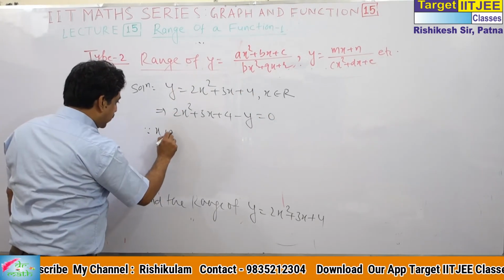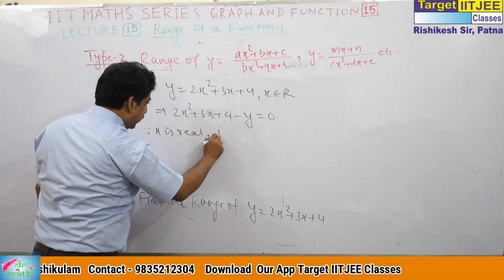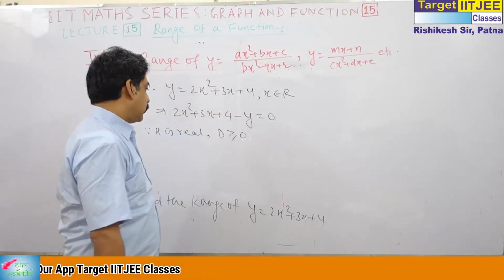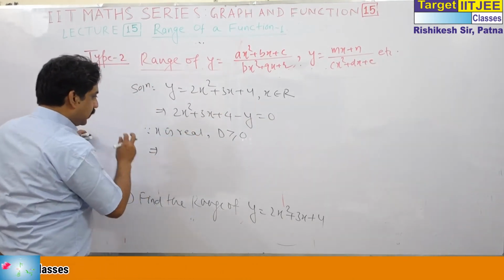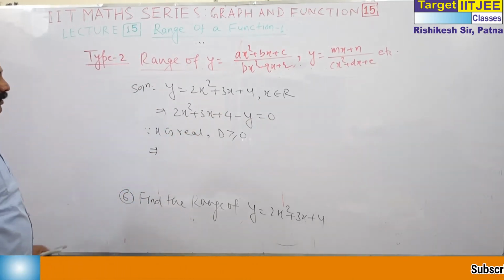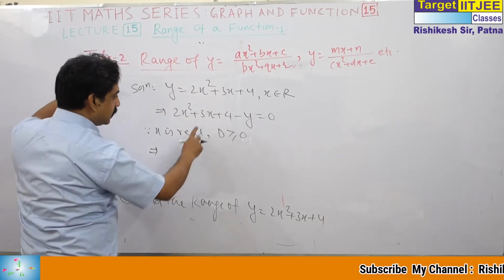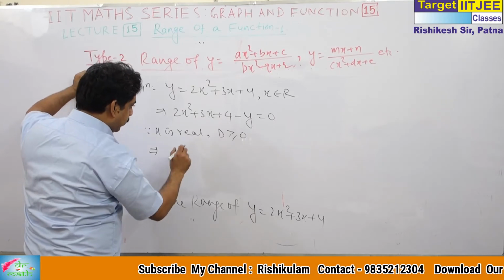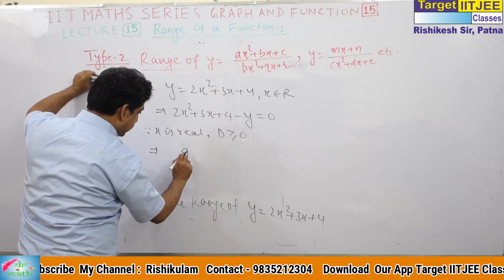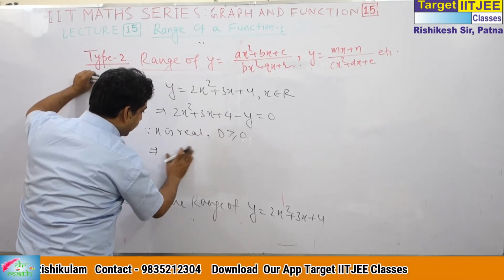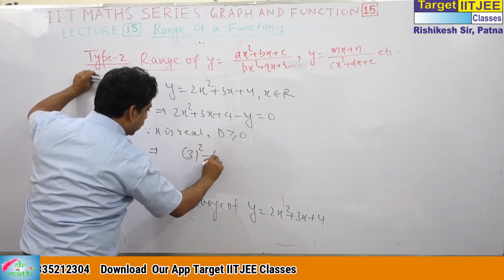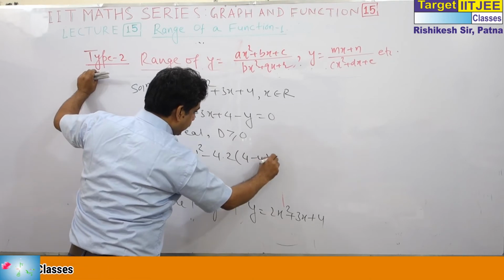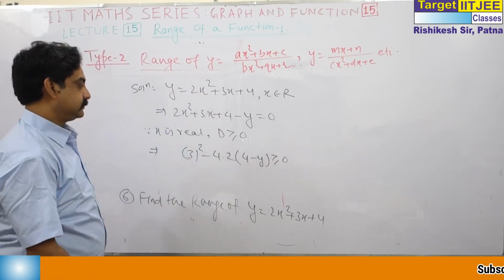Since x is real, D is greater than or equal to 0. X is real, define all this. What do you get from D greater than or equal to 0? You get b square, 3 square minus 4 into 2 into (4 minus y), greater than or equal to 0.